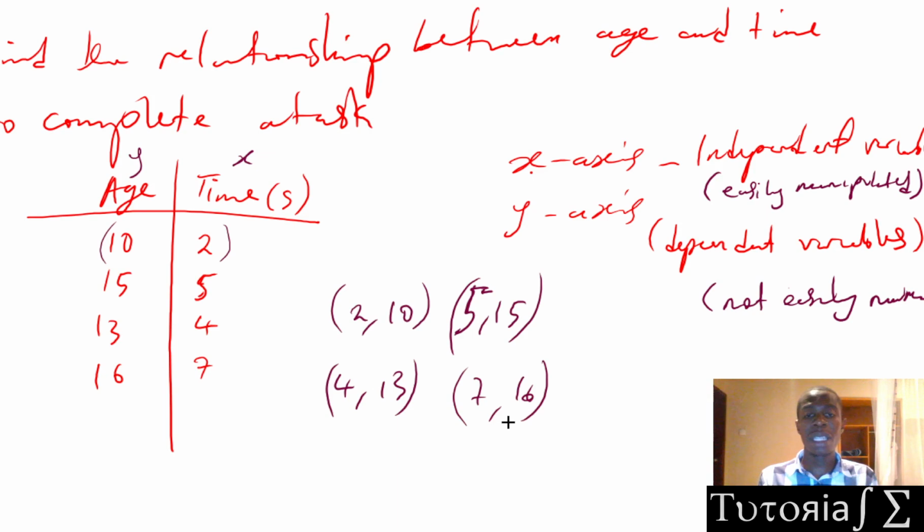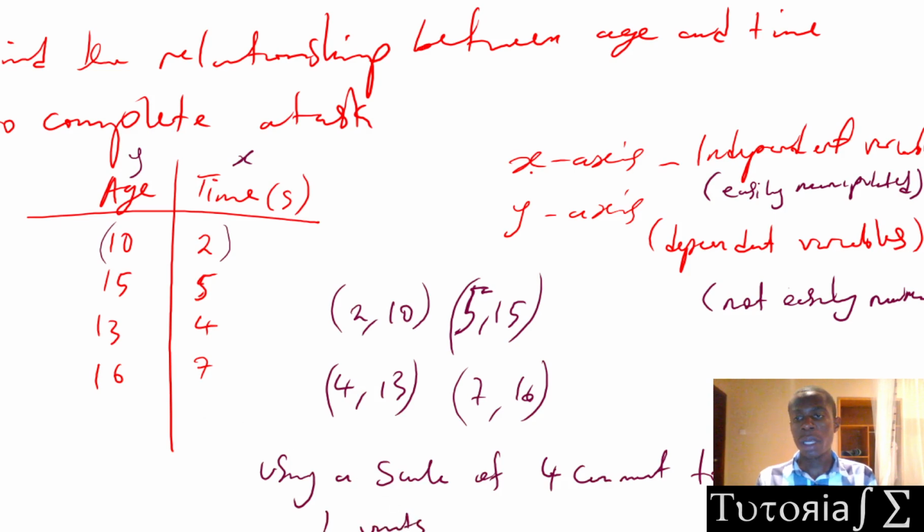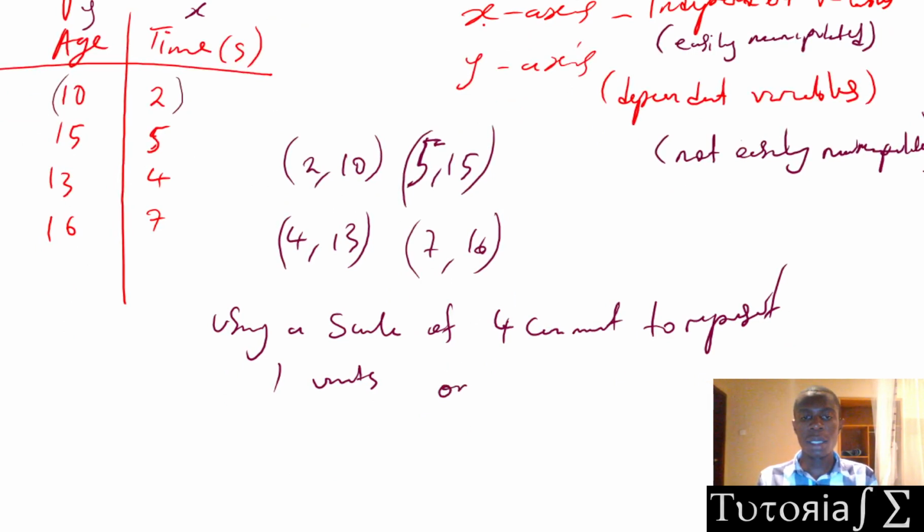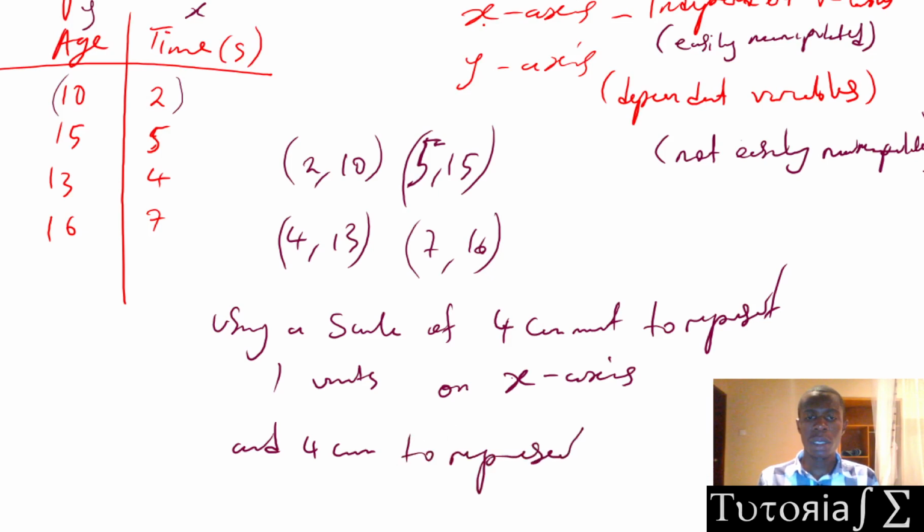We are going to plot this on graph paper using a scale of 4 centimeters to represent 1 unit on the x-axis, and 4 centimeters to represent 10 units on the y-axis.